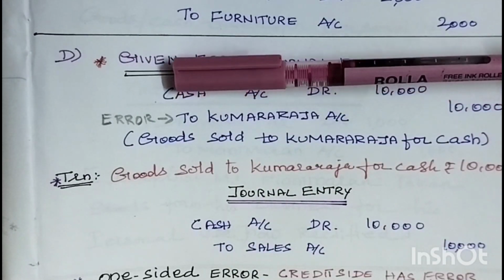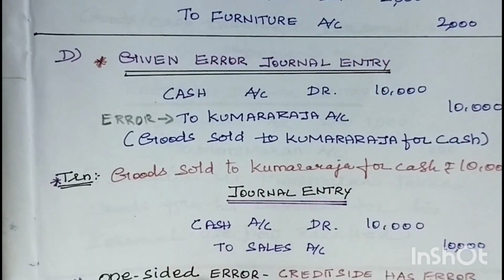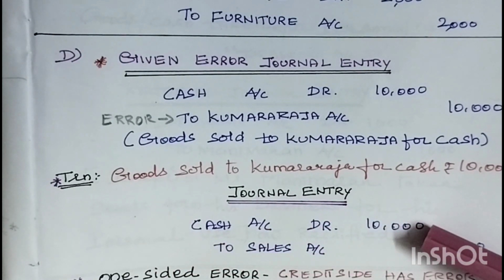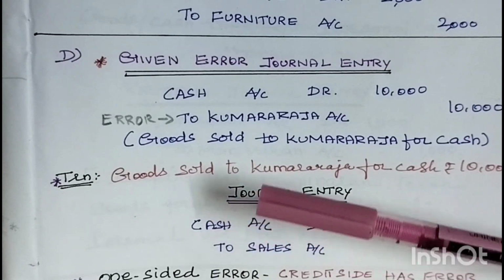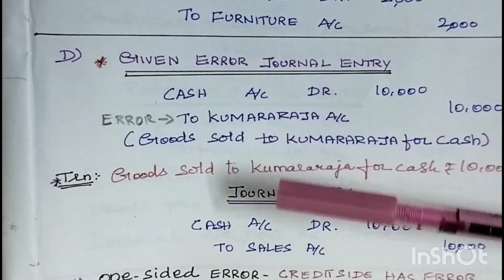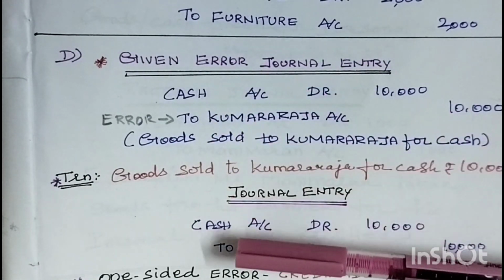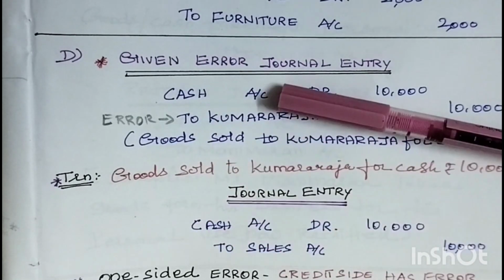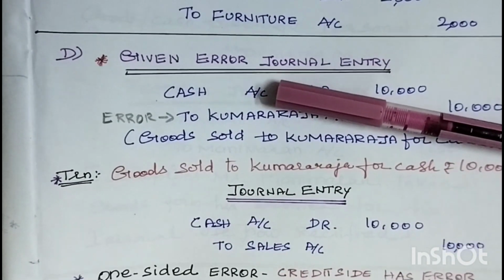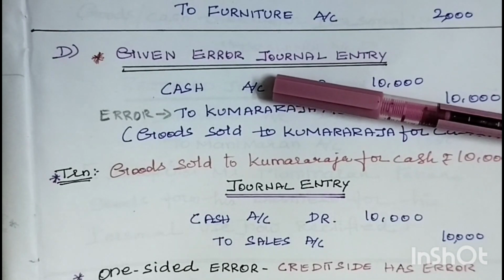What is given here? Cash account debtor 10,000 rupees. In the correct journal entry we pass, cash account debtor 10,000 rupees. Both have the cash account on the debtor side, so the debtor side has no error.